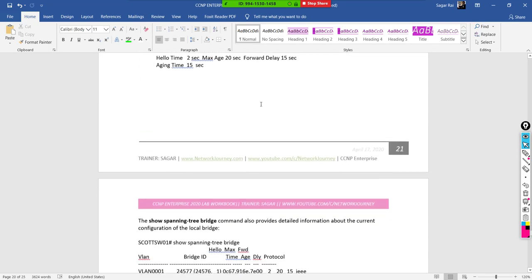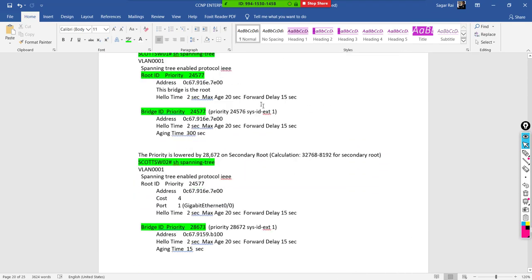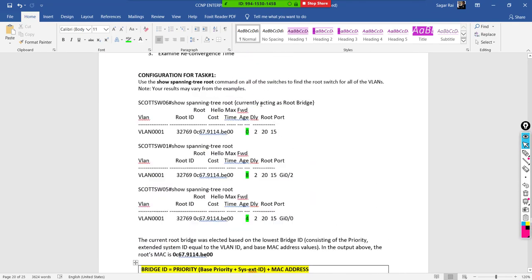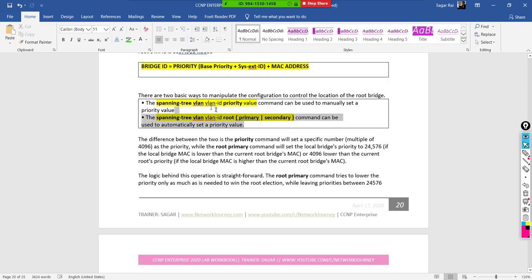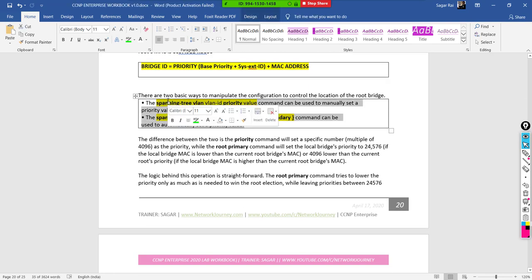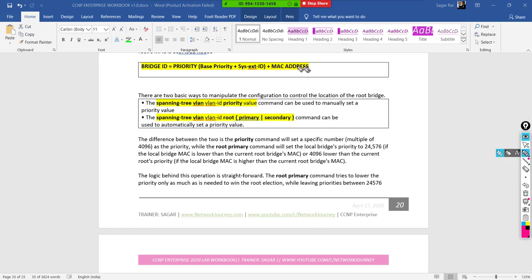And what are the commands to do that? There are two ways I can change the behavior. Either change the priority, since I cannot change the MAC address. Let's say this is a bridge ID and switch 5 had the lowest one.